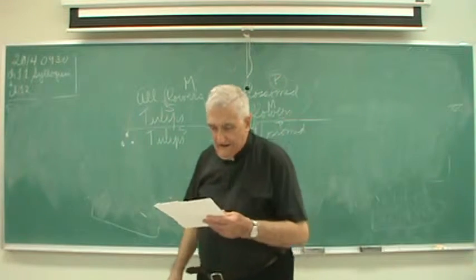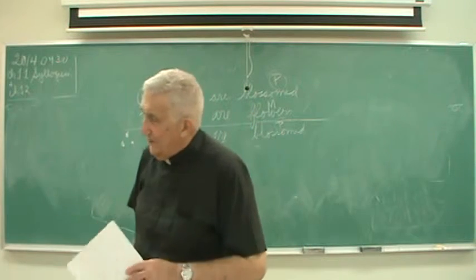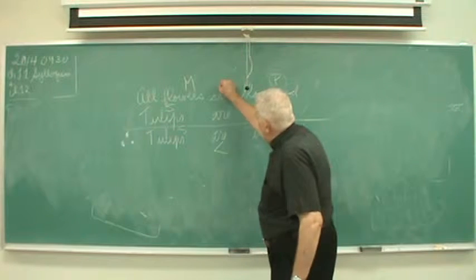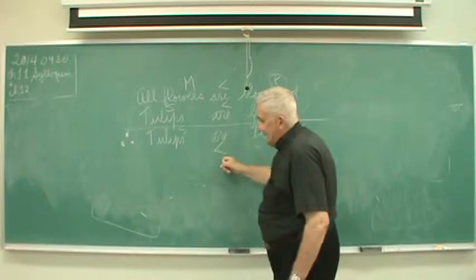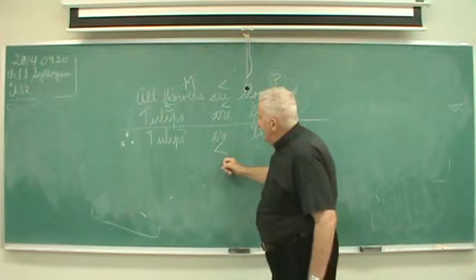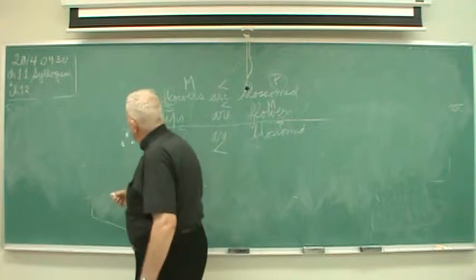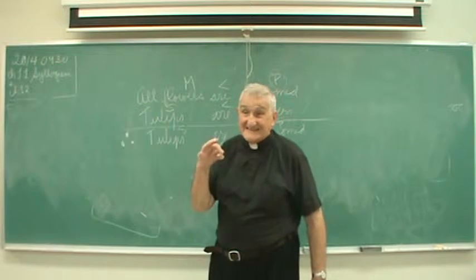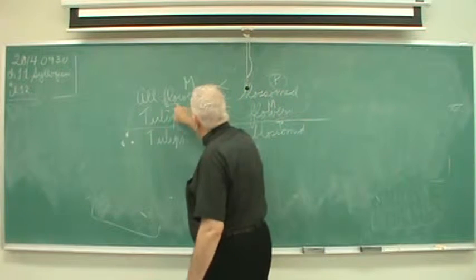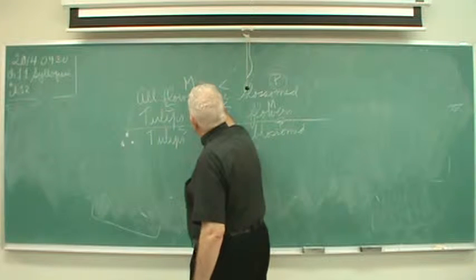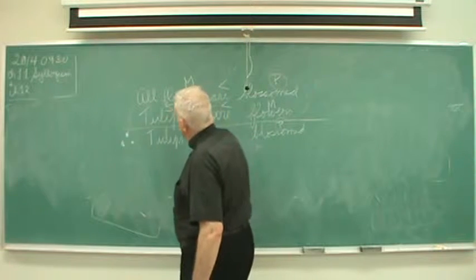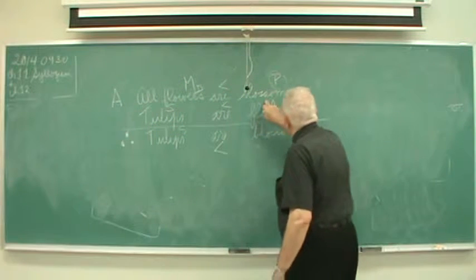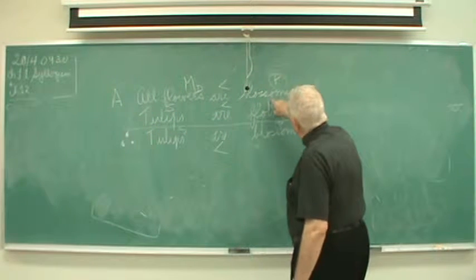Now you have to look at the quality. If one of the 2 propositions is negative, you must have a negative conclusion. And secondly, you verify the extension of the term. For example, all flowers, what is the extension here? It is all distributed. Blossom, what is the extension of blossom?